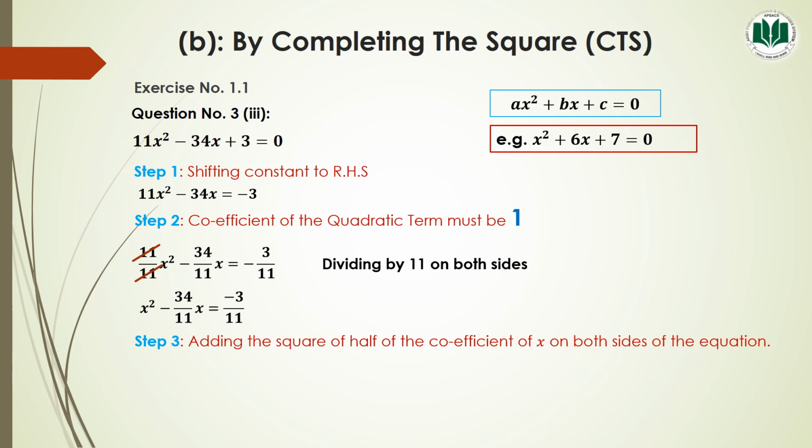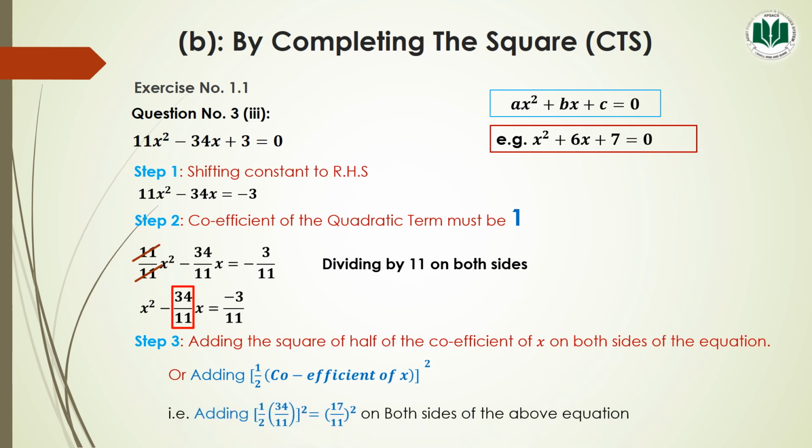Step 3 is the main step of this method. Here you will have to do two things. Number 1, divide the coefficient of x by 2, and second, take its whole square. So step 3 is adding the square of half of the coefficient of x on both sides.